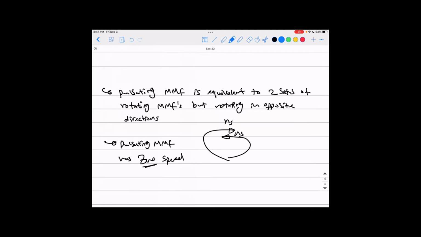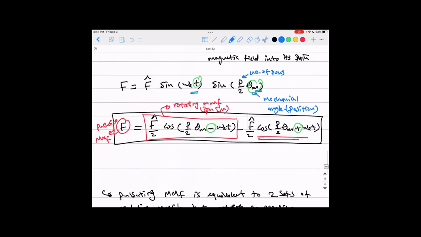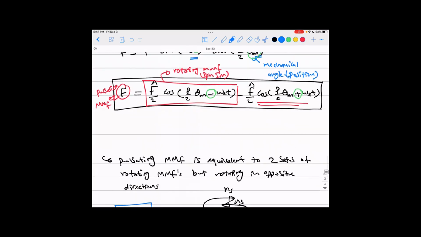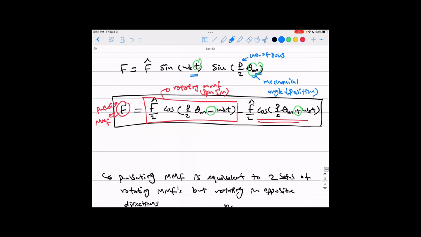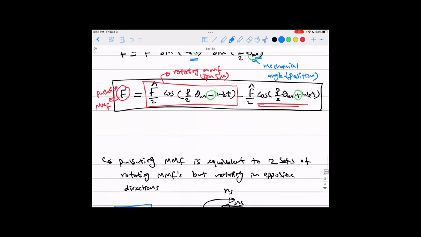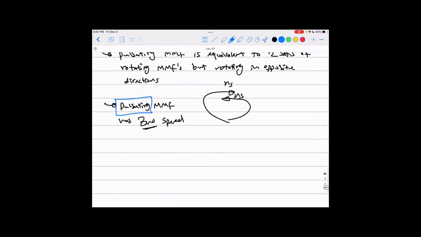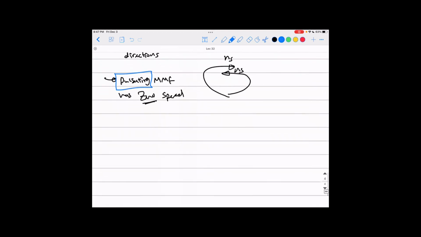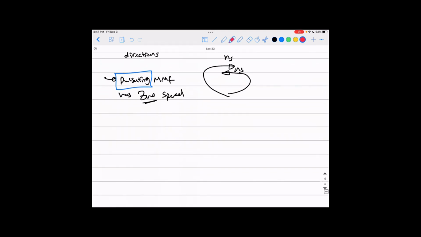That's why we call it pulsating, because it just keeps changing value and polarity, but it does not leave its position. That's why we can represent it as the summation of two rotating MMFs, one negative and one positive. That means one rotating clockwise and one rotating anti-clockwise. So the resultant of them will have 0 speed, does not rotate at all. Okay, guys?